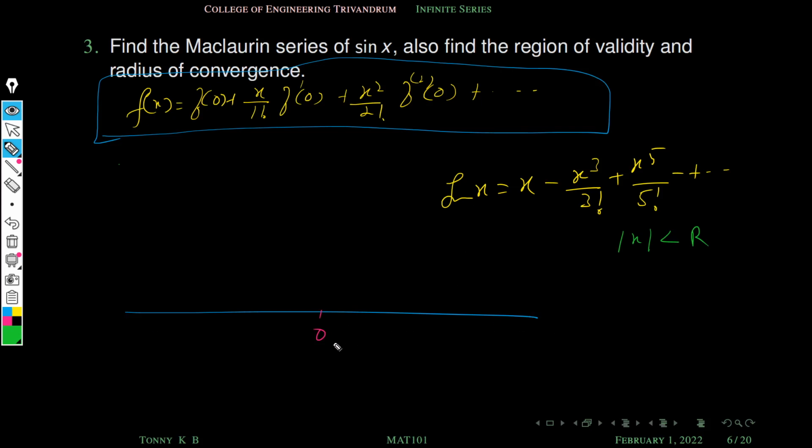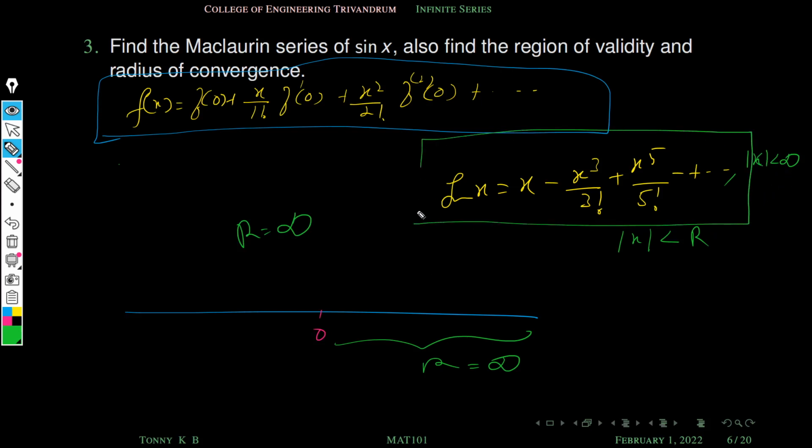So what is the maximum of r? That is equal to infinity. So the interval of convergence of this problem is mod x less than infinity, that means entire real numbers. In this case, its radius of convergence is also infinity. So this series expansion of sin x is valid for all real numbers.